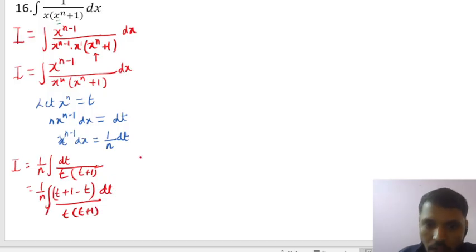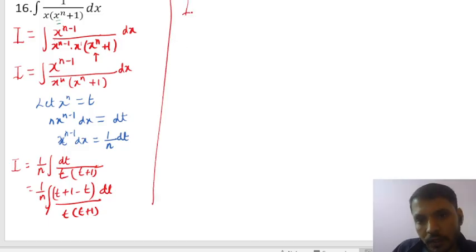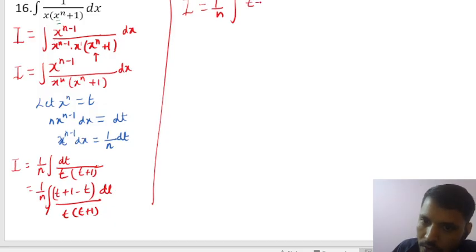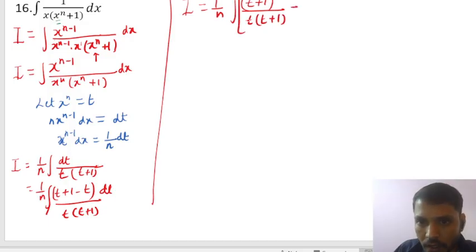But in the next step, here I am writing I can be written as 1 by n outside as it is. Here we can take t plus 1 divided by t into t plus 1, minus, here I am taking a bracket, so minus t divided by t into t plus 1, right?